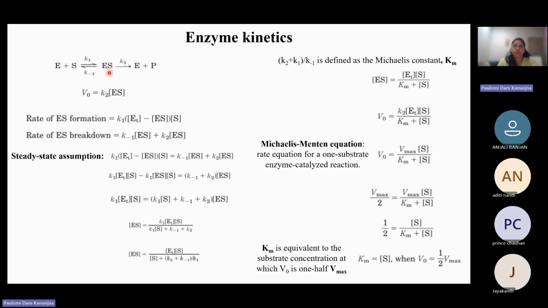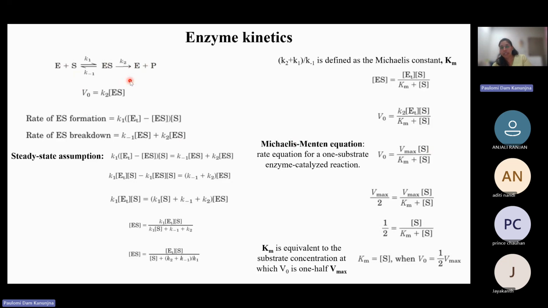So let's do this. E plus S giving ES, giving you E plus P. The E plus P dissociating and going back to the formation of ES is generally not favorable, so you can ignore this while you are determining the equation. Now, first you need to know what the reaction velocity is.